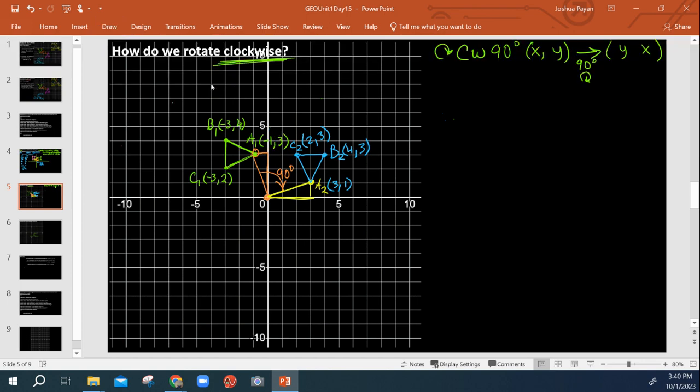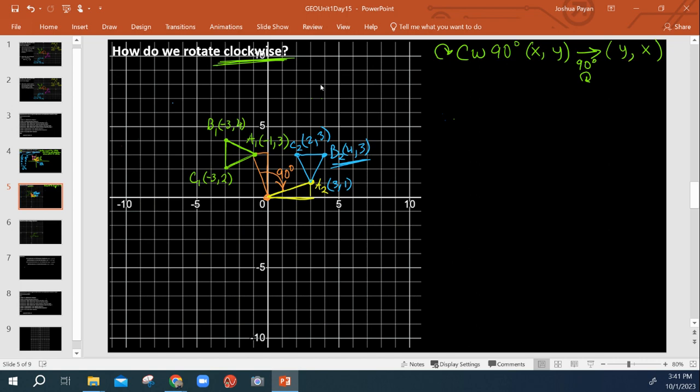If we go ahead and focus on the next vertex, let's look at B2 versus B1. We see X and Y traded places, but we also notice, and we noticed it on the A vertices, we had sign changes on all the X's. So when we make our generalization, we're going to have to take note of that.